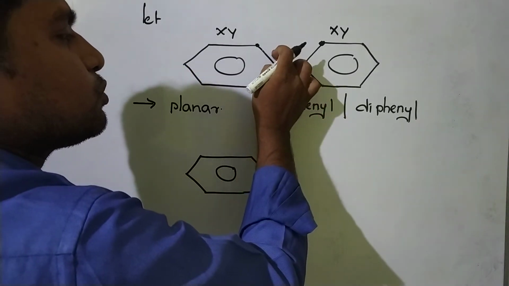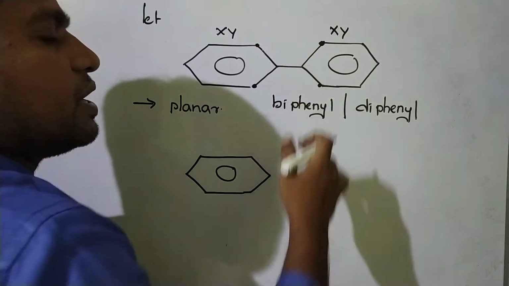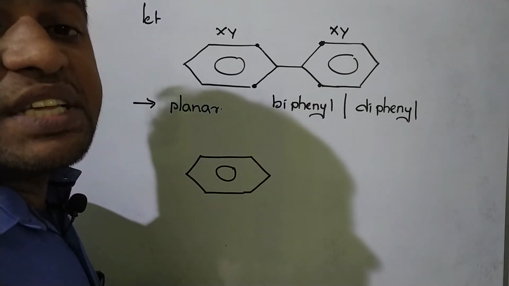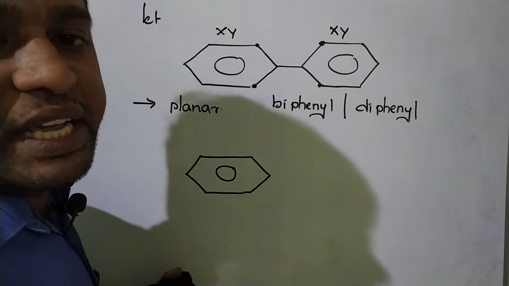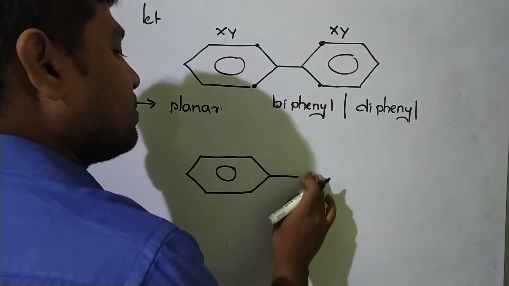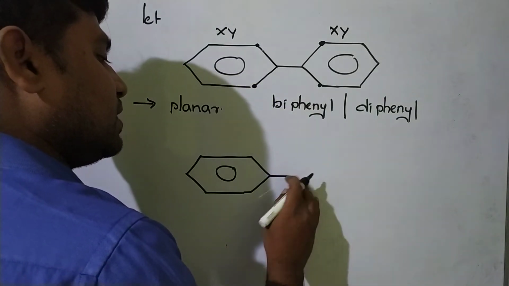When we introduce bulky groups at these ortho positions, immediately repulsion arises, means strong repulsive forces operate between those bulky groups. Immediately the planar molecule turns into a non-planar molecule.